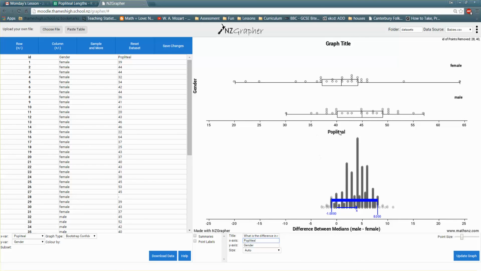On the x-axis is popliteal length, but let's make sure we have units with that, centimeters. On the y-axis is gender. Everything's got good capitals. Okay, update that graph.